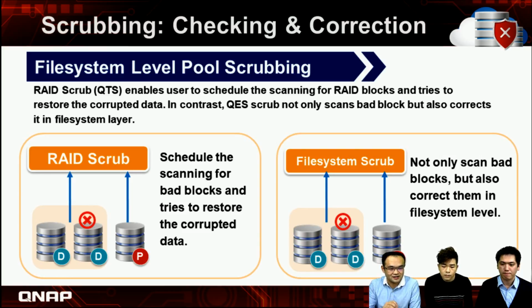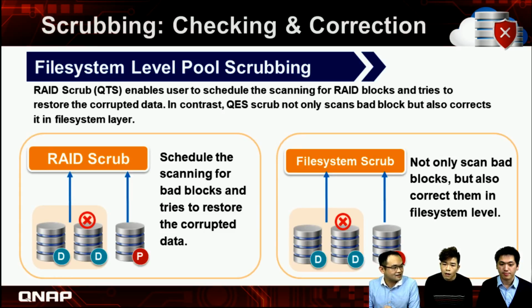It can check the data and the parity to know if it is consistent and try to repair it. But QES supports a ZFS scrub. It means that every written data in the QES has a checksum. So when you do the scrub, it can compare the data and the checksum to know if the data is corrupt. If the data is corrupted, ZFS will get the data from another disk and try to recover the data.